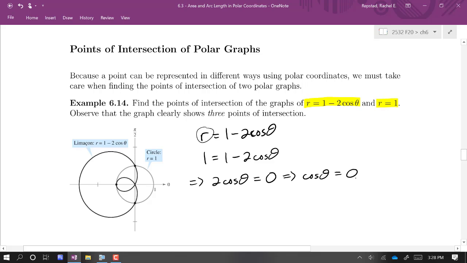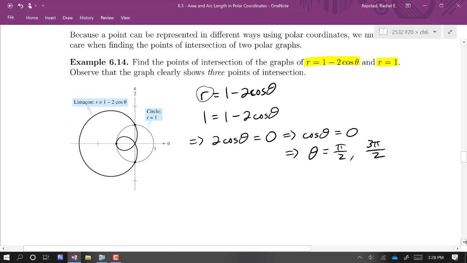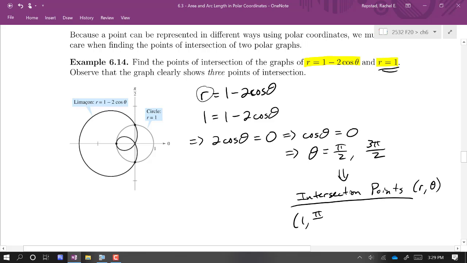Cosine theta is 0 at the top and the bottom of the circle. So if we look at one full revolution from 0 to 2 pi, this happens when theta is equal to pi over 2 and 3 pi over 2. And then we get these points of intersection in polar coordinates. In polar coordinates, we know r is 1, so it would be 1, pi over 2 and 1, 3 pi over 2.